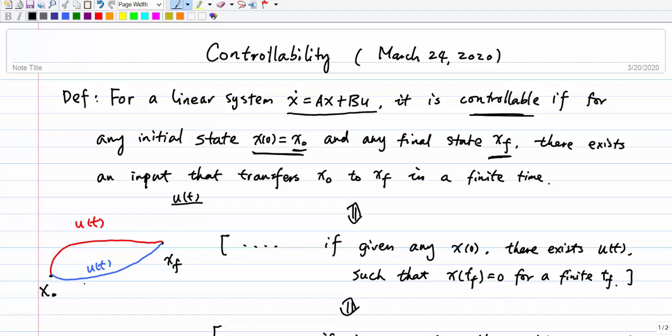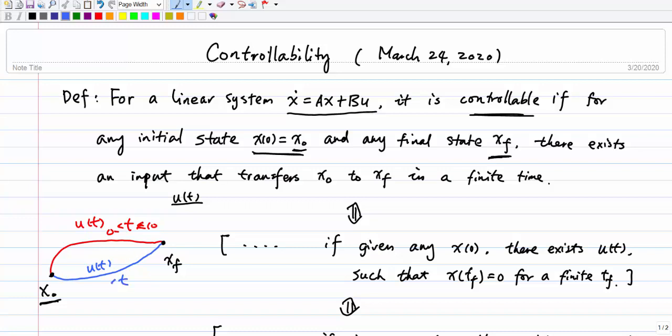Let's suppose that the linear system has an initial state x0, somewhere over here, and we want to drive this state from x0 to xf. If we could design some control input, here I give two different cases. One is a u(t), assuming that we have one u(t) that can drive from x0 to xf, maybe for t from 0 to 10. Or you can also use another u(t), the blue line, the blue input, and you also drive from x0 to xf.